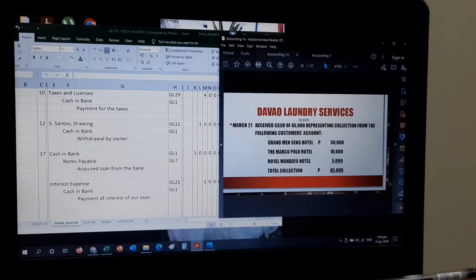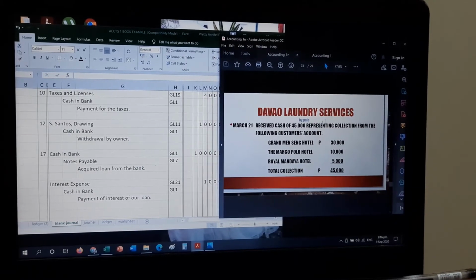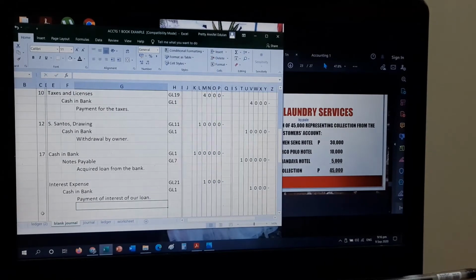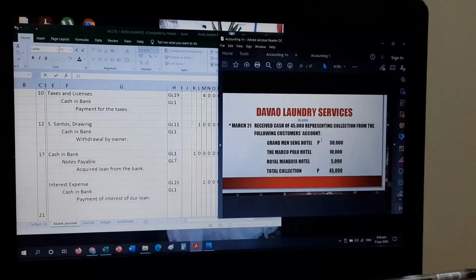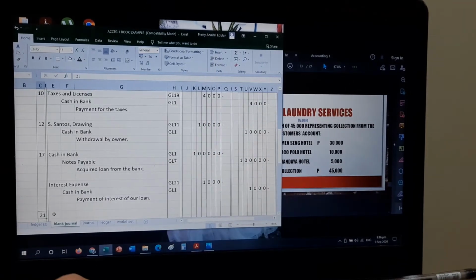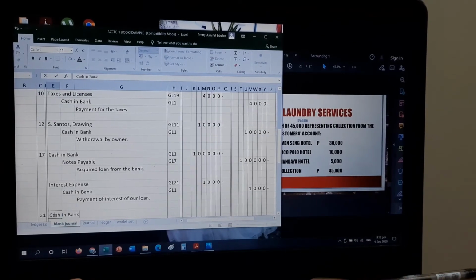Next transaction. Received cash of 45,000 representing collection from the following customers' accounts. That is March 21. Take note, we received cash, so automatically, that is cash in bank, GL1.